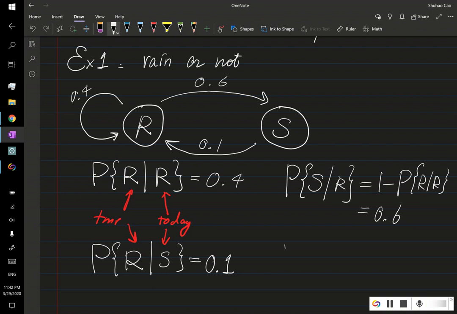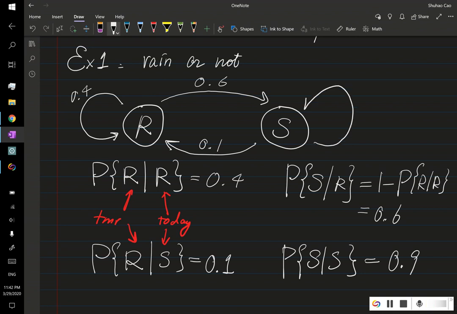And similarly, if today we have sunshine, tomorrow we have a 90% chance it's still sunshine. So we draw a little arrow going back to itself, and this is 0.9.